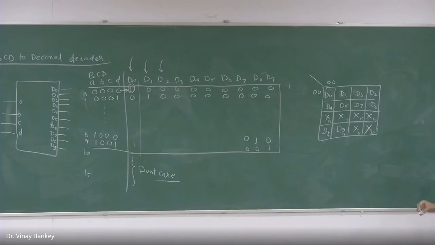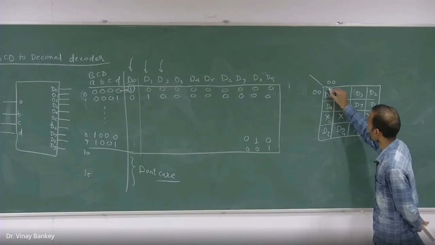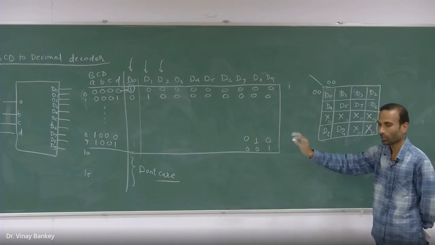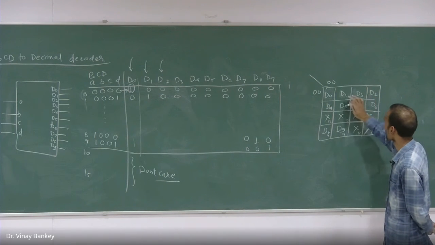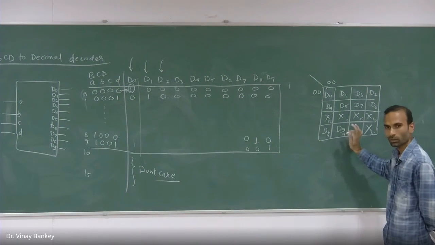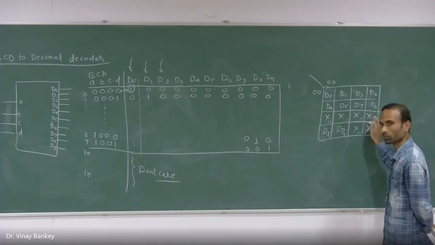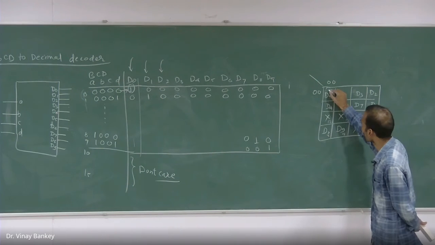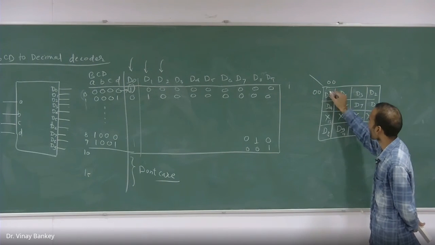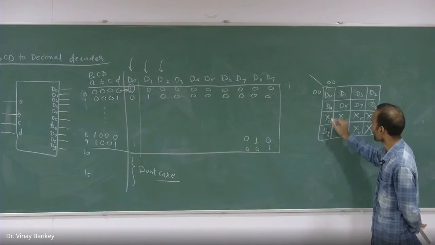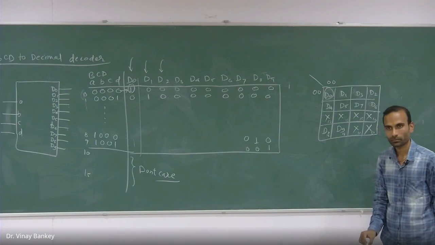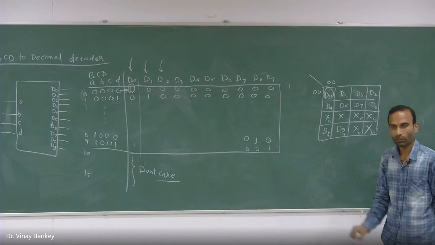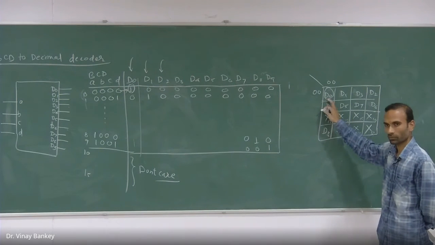Now I want to group D0. Let's suppose this is high. We are solving for D0 only. So this cell will be high, and the rest from D1 to D9 will be 0, and the don't cares remain the same. Whenever you want to make the largest possible group for D0, there is no other combination than this one. You will have to circle this cell only.